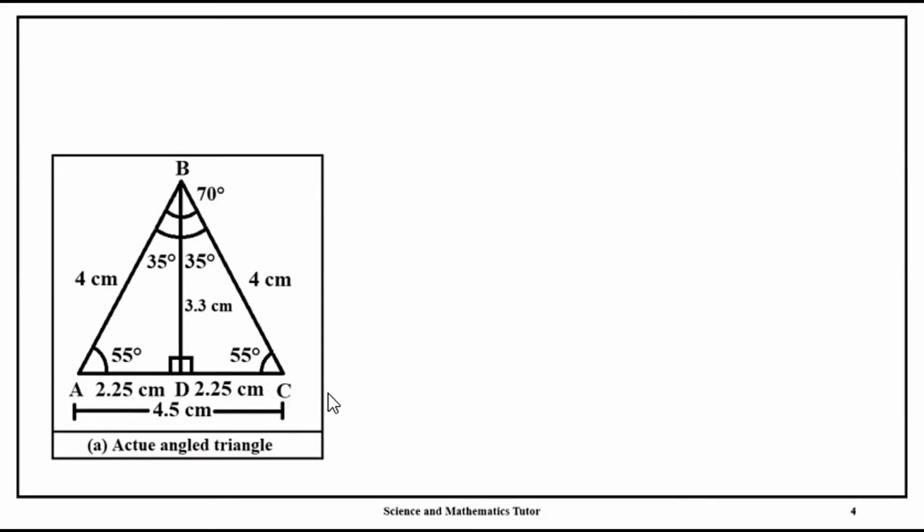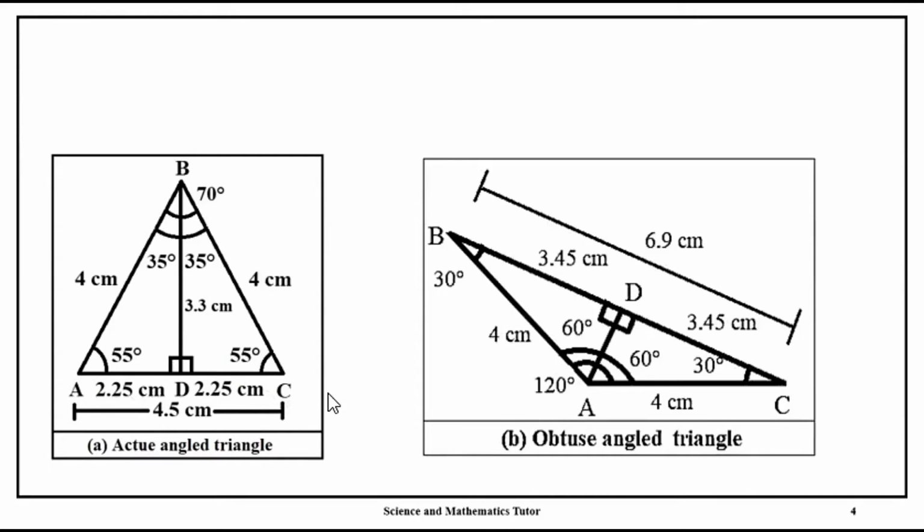Next, let us take an example of an obtuse angle triangle. Here we have an obtuse angle triangle where one angle is more than 90 degrees, that is in our case angle A, which is 120 degrees. So this triangle has angle A 120 degrees, angle B 30 degrees, and angle C 30 degrees. And its sides measure side AC 4 centimeters, side AB 4 centimeters, and side BC 6.9 centimeters.